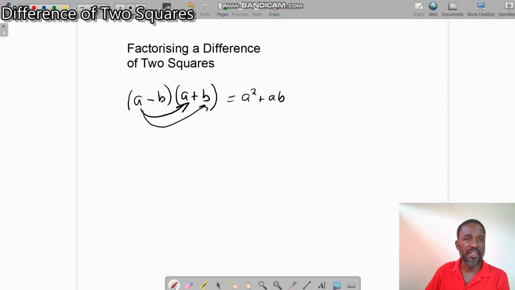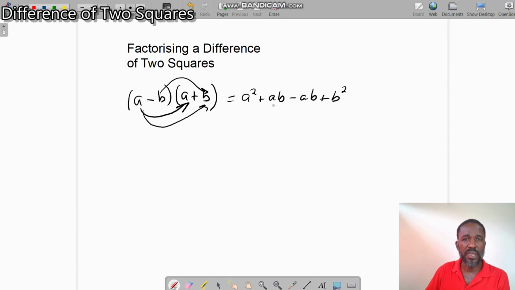Then we have a negative b times a positive a, that would give us negative ab. Again, we could write it like that because multiplication is commutative, so the order of operation does not matter. And then negative b times a positive b will give us b squared.